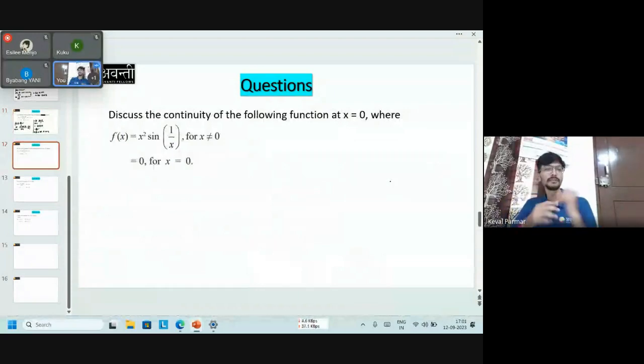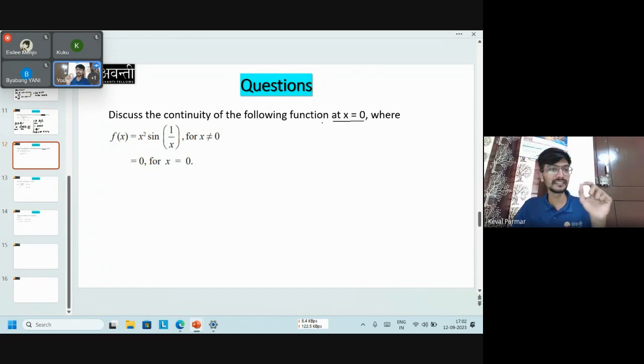So if you remember, we had done a question in limit. The last question. This is something like that. You should remember. So, what is the question saying? The question is saying discuss the continuity at x equals 0. Means we have to discuss at x equals 0.